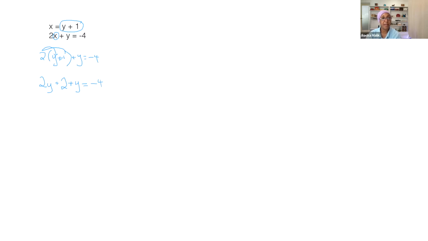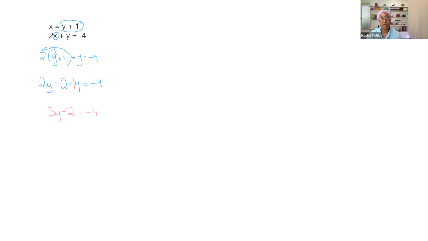and then I'll try to combine the things that are similar. So 2 y's plus another 1 y gives me 3 y's, plus 2 equals -4.